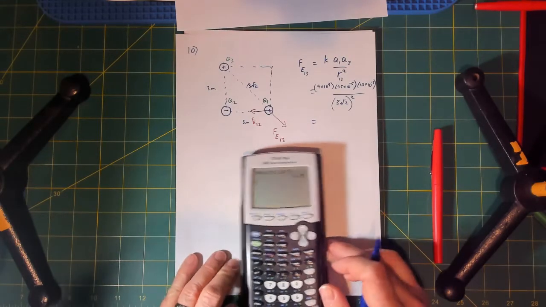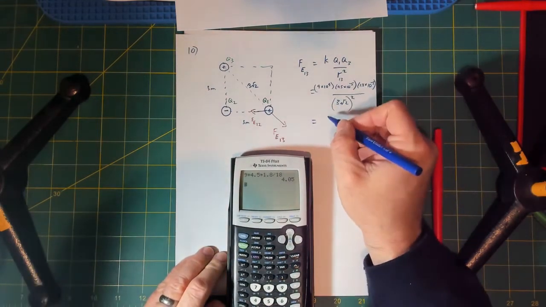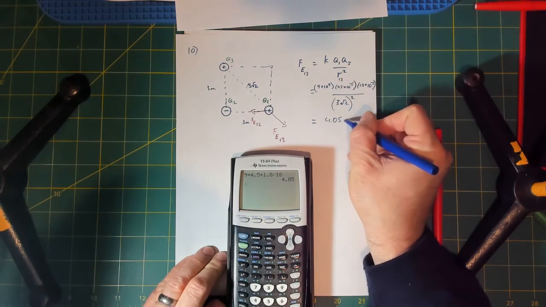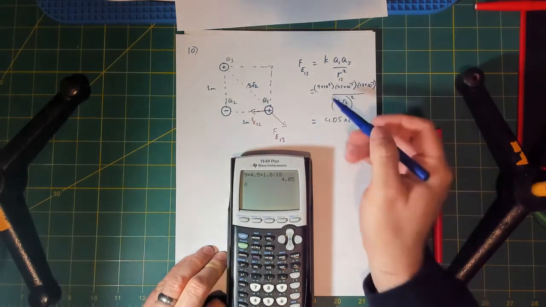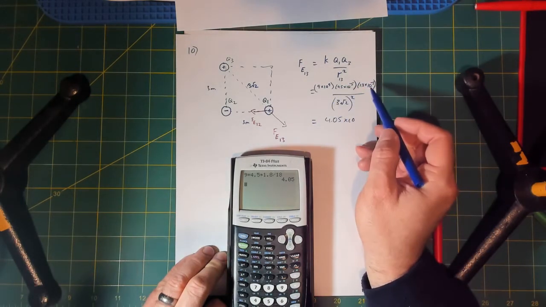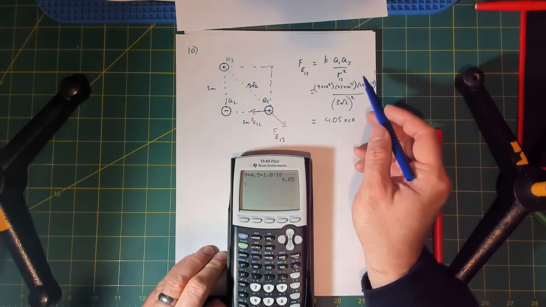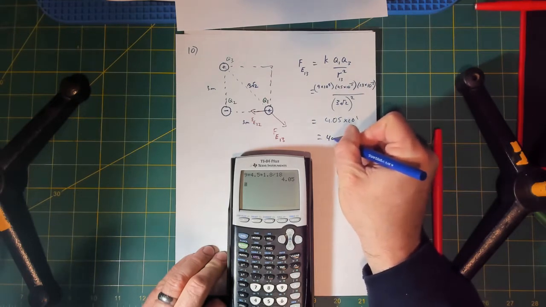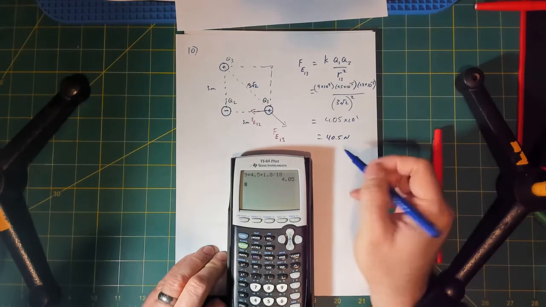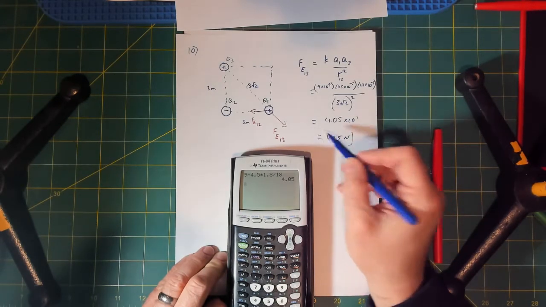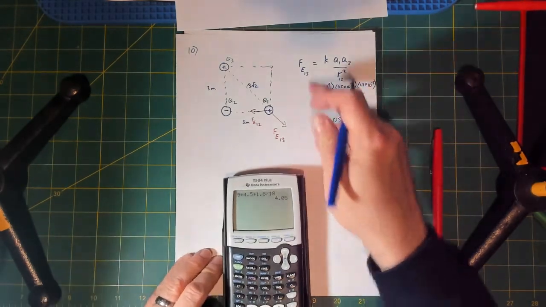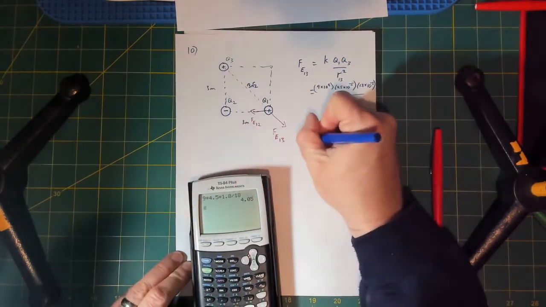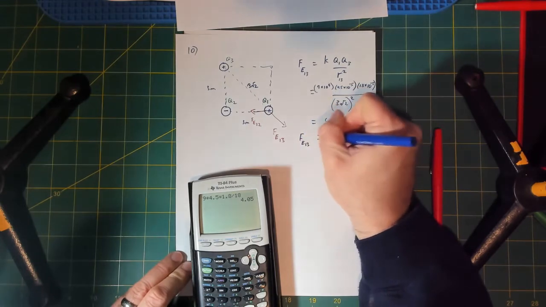So divide by 18, and when I do that, I get 4.05. And your powers are 10 to the 9, 10 to the minus 5, 10 to the minus 5. That's just 10 to the first power. So that'll come out to be just 40.5 newtons. That's F13, the electrical force on 1 by 3.